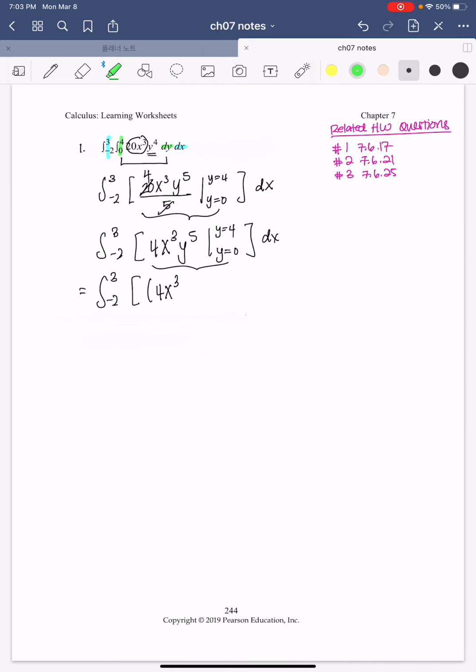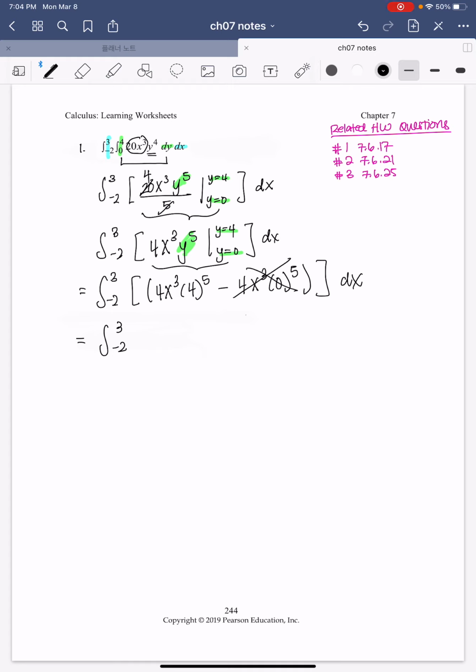This is why I use the highlighter. Only plug it into the y. So 4 to the 5th power minus 4x cubed times 0 to the 5th power, dx.